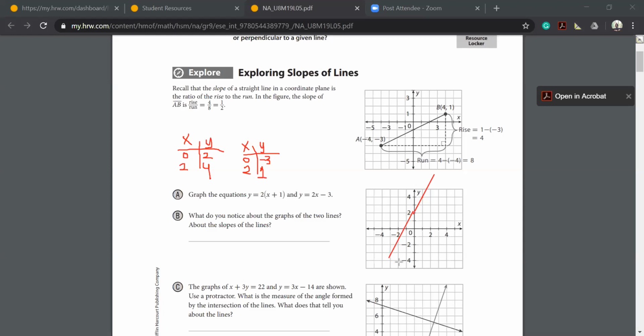It's going to be like this. And then 0 and negative 3, where is it? Down in here. And then 2 and 1 is here. And then what should I do with these points? I should connect them.